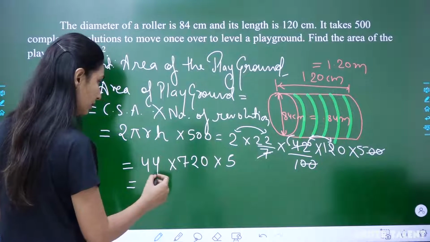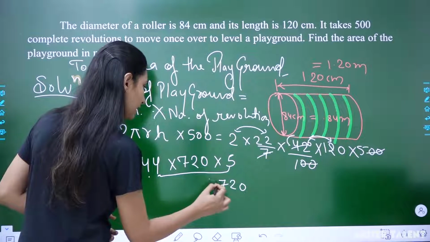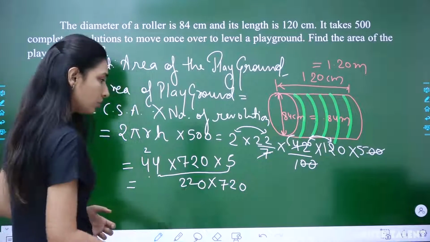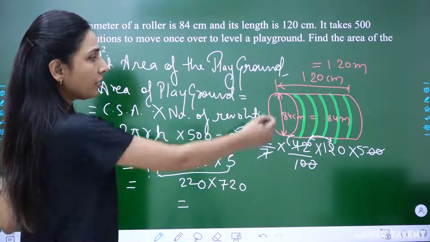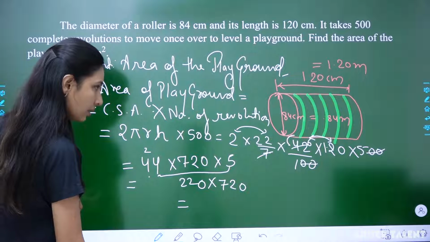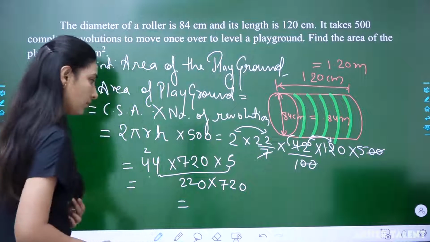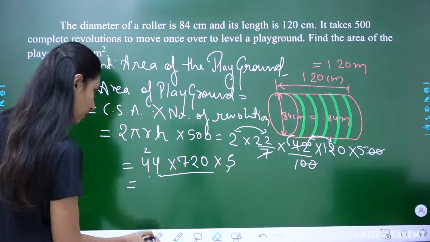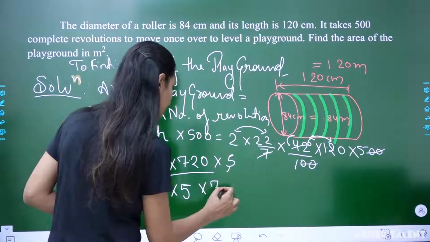And these two, 1.20 here, and if it's 1.20 we calculated these two, so this is basically 44 multiplied by 5 multiplied by 7.20.